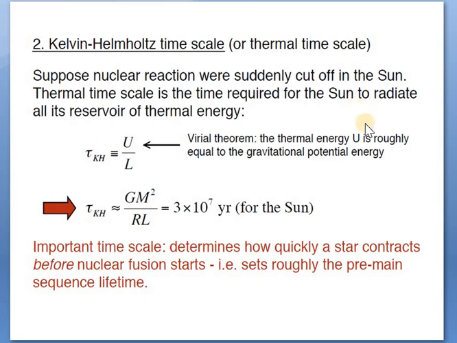It is basically the thermal energy divided by the luminosity. From there you get this relationship, and it comes out to be 10^7 years for the Sun. Note that this time scale basically tells us how quickly a star contracts before nuclear fusion starts, or that is, it roughly sets the pre-main sequence lifetime.